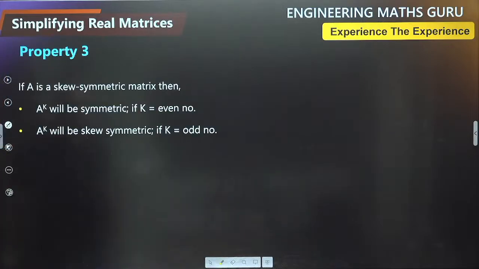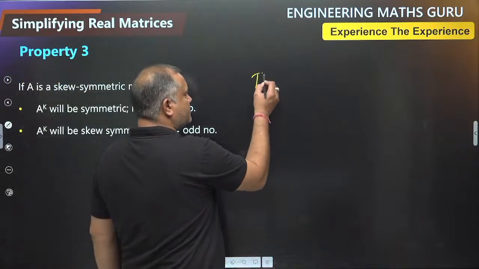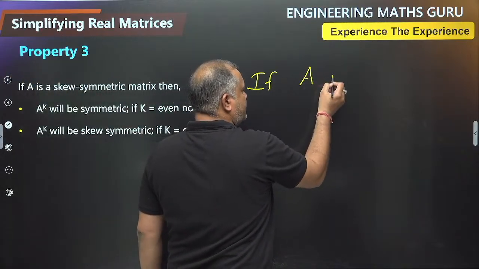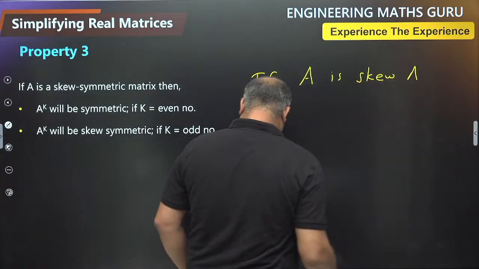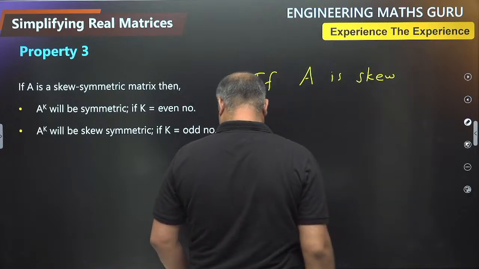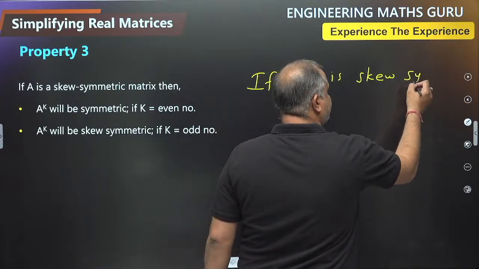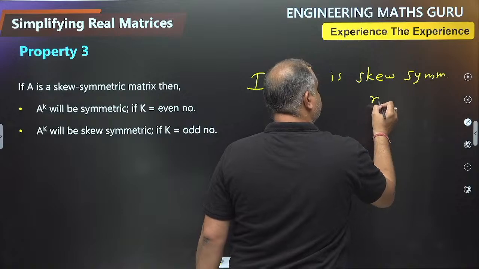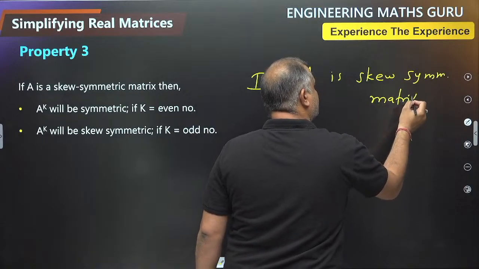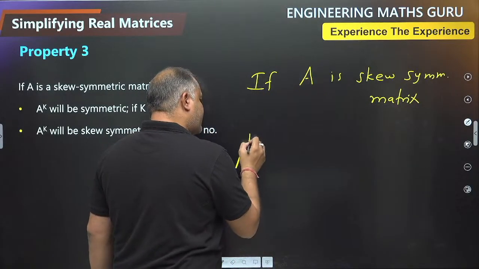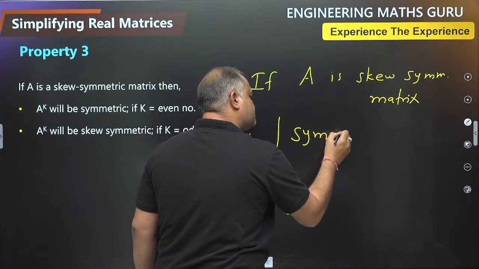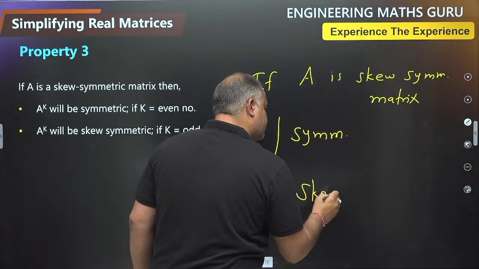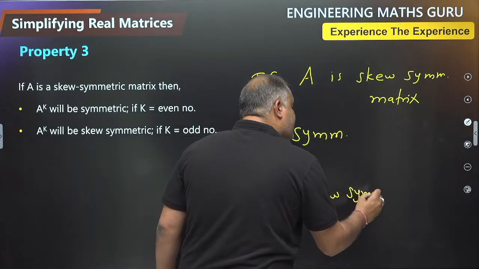Now, next property is, if originally you have a skew symmetric matrix, if A is a skew symmetric matrix, then what about A raised to K? A raised to K can be symmetric or skew symmetric, depending on what?